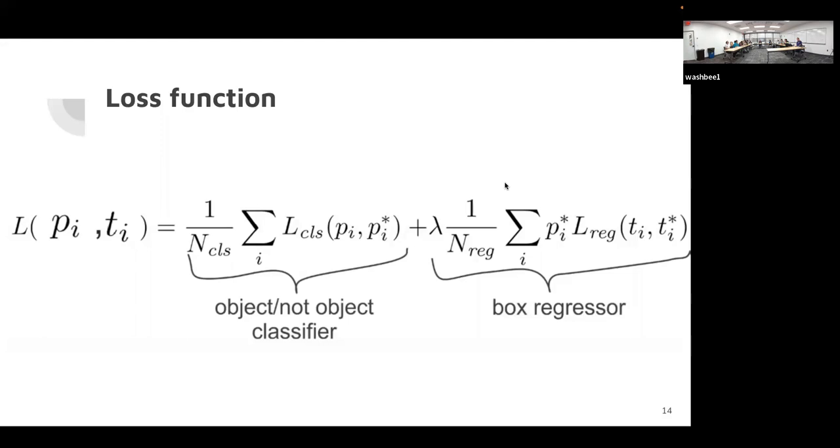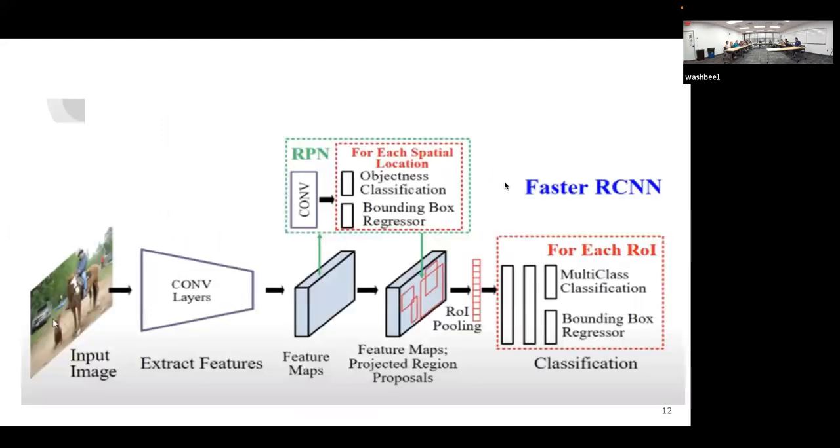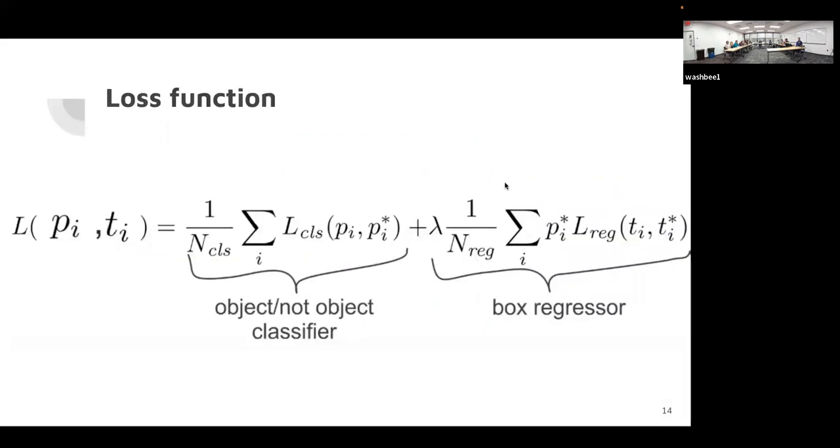Which of the three papers? It's for Faster RCNN. It seems it should be in Fast RCNN as well, right? No, it's not. Where is the multi-class classifier in this loss? If you go to the diagram, there is a multi-class classification and object regression. Multi-class just has an additional class for non-objects, and the box regressor is for that section.